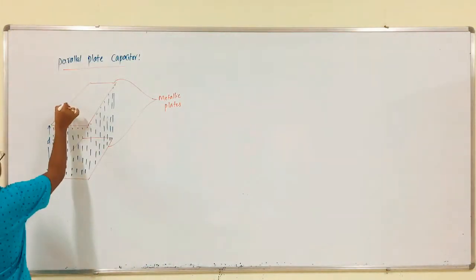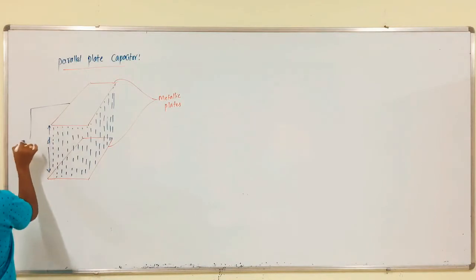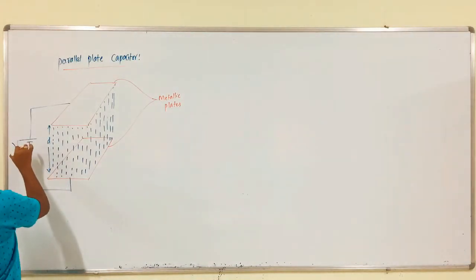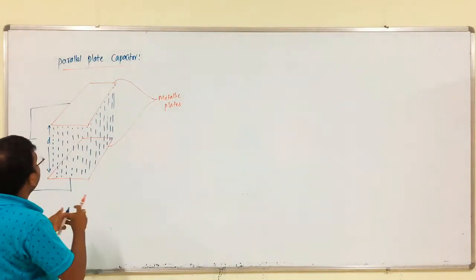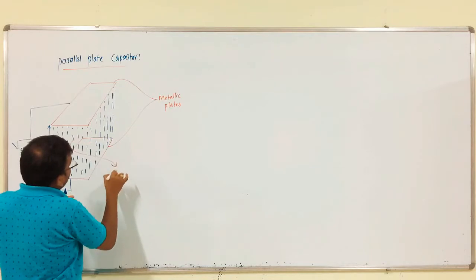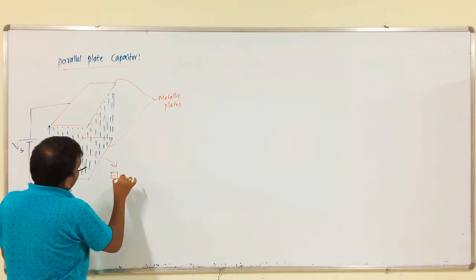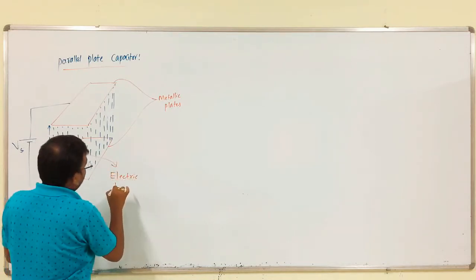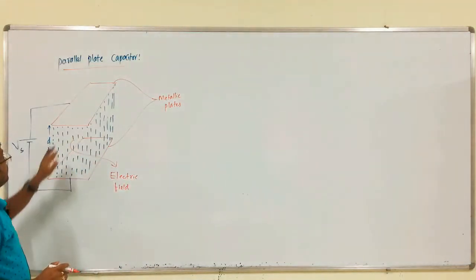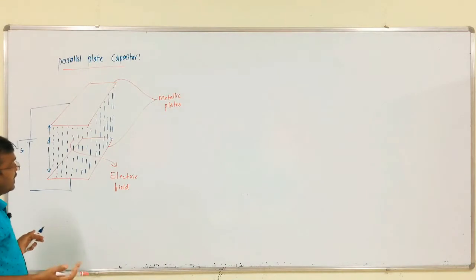So, because of the supply voltage between these two we get electric field, okay. These two are metallic plates, means those two are conducting plates.